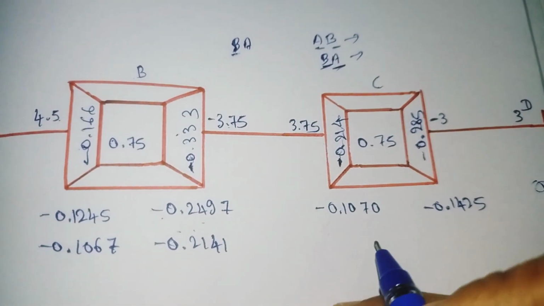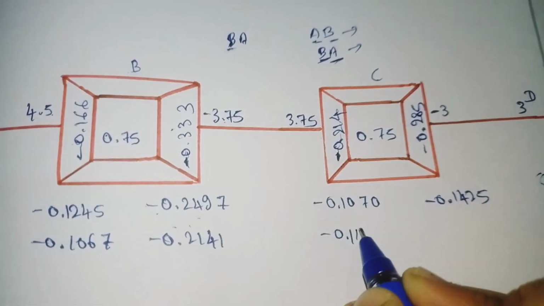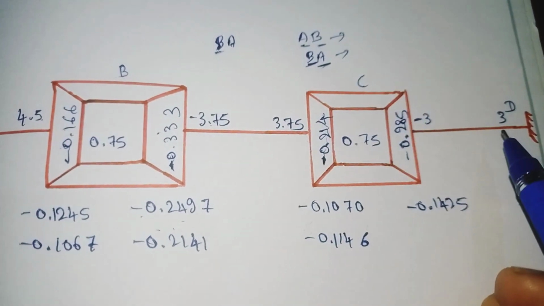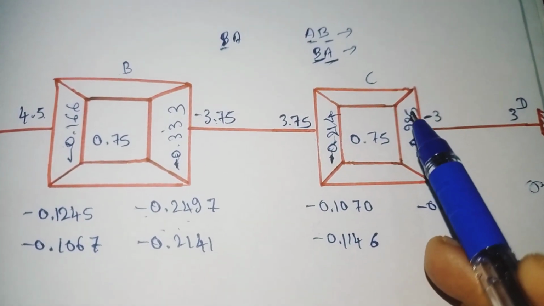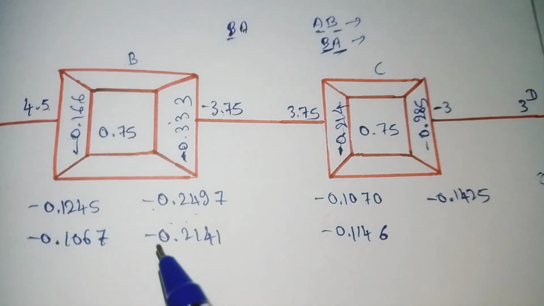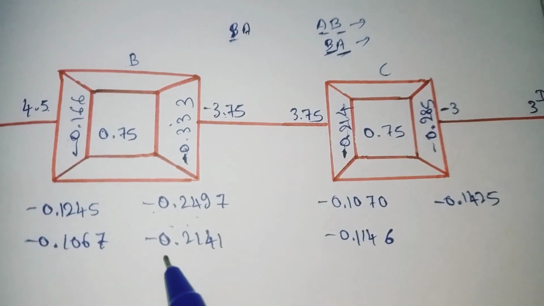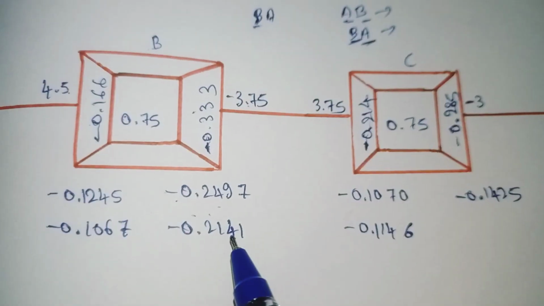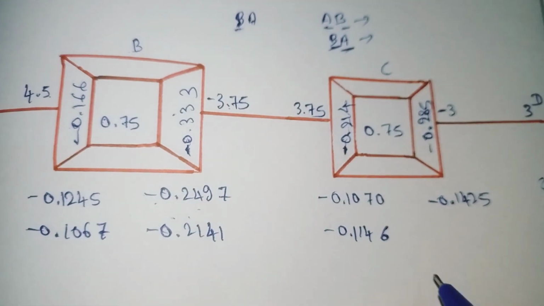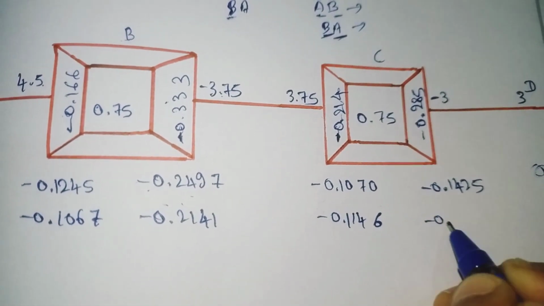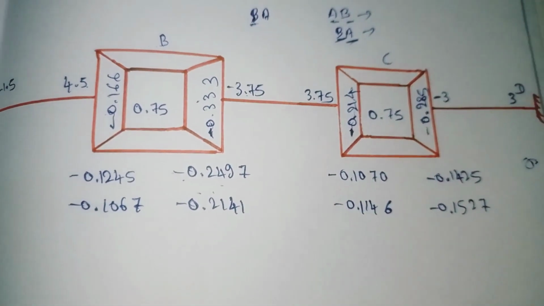By doing this, it will come out as minus 0.1146. Similarly for CD, minus 0.285 into 0.75 into this value minus 0.2141. By adding, it will come out as minus 0.1527.